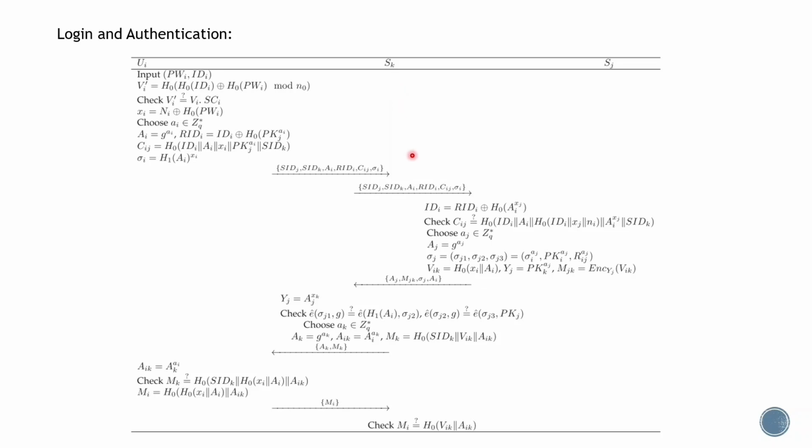foreign server. The foreign server calculates its own parameter, and upon successful verification of the mother server and the user, it sends a message to the user, and the user then calculates a session key, which is used for the rest of the communication.